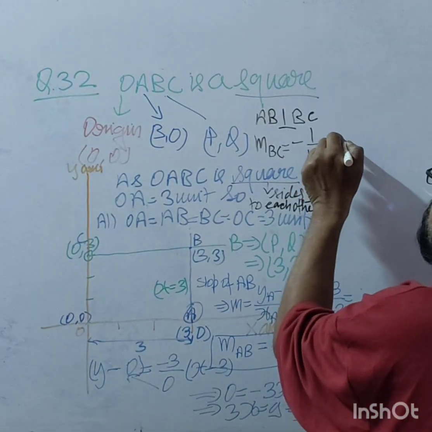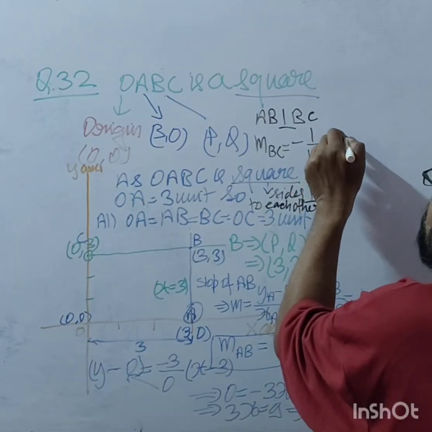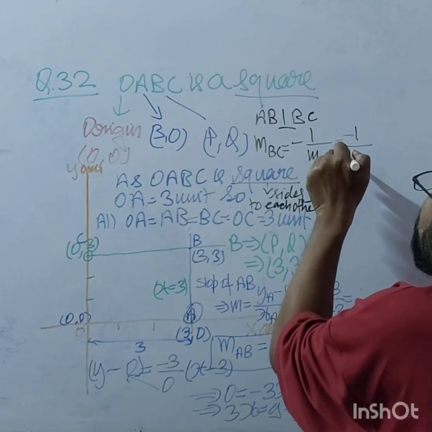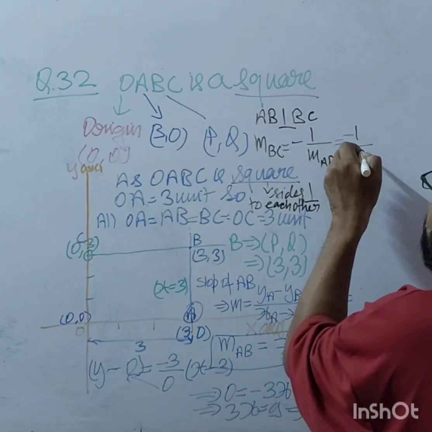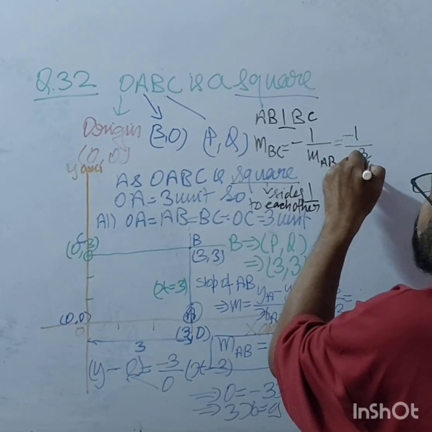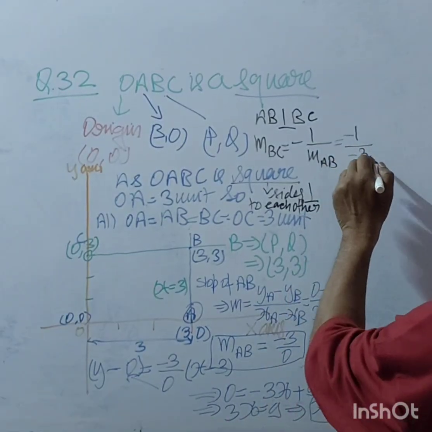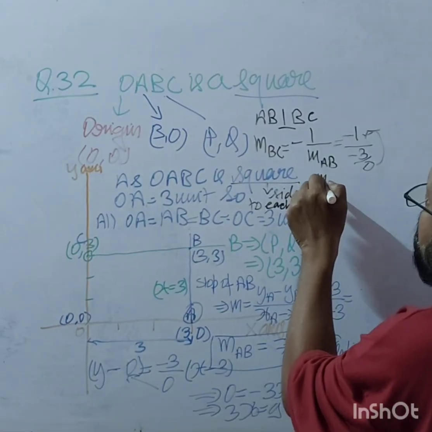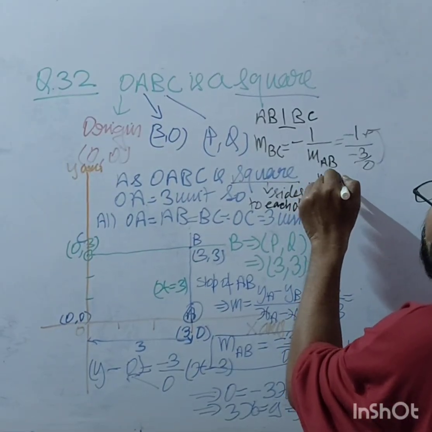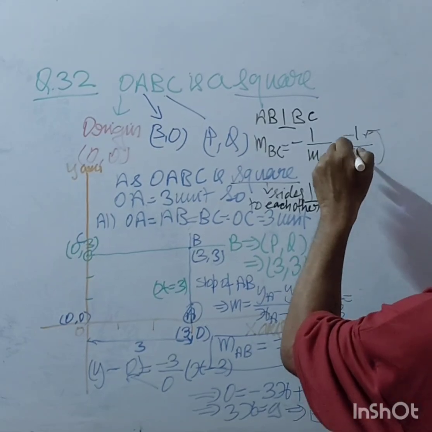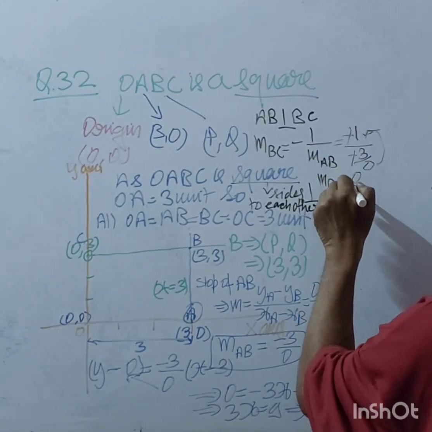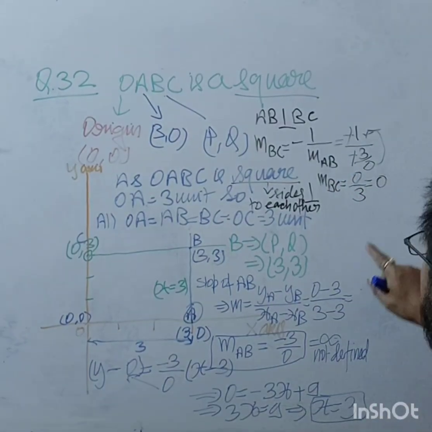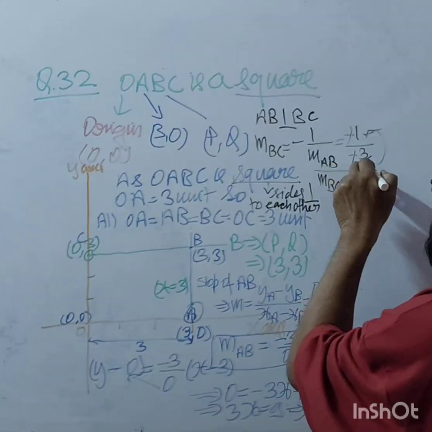So it becomes minus 1 upon minus 3 upon 0. This 0 will come up, so MBC is equal to 0 upon 3, which becomes 0, right?